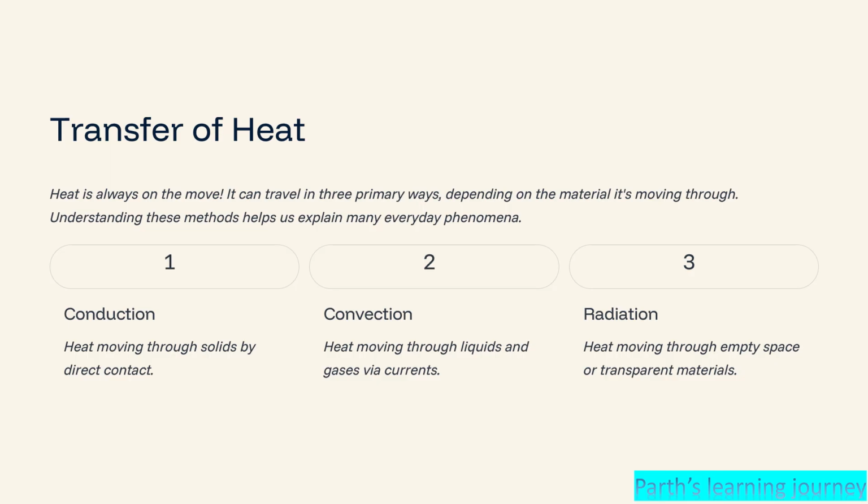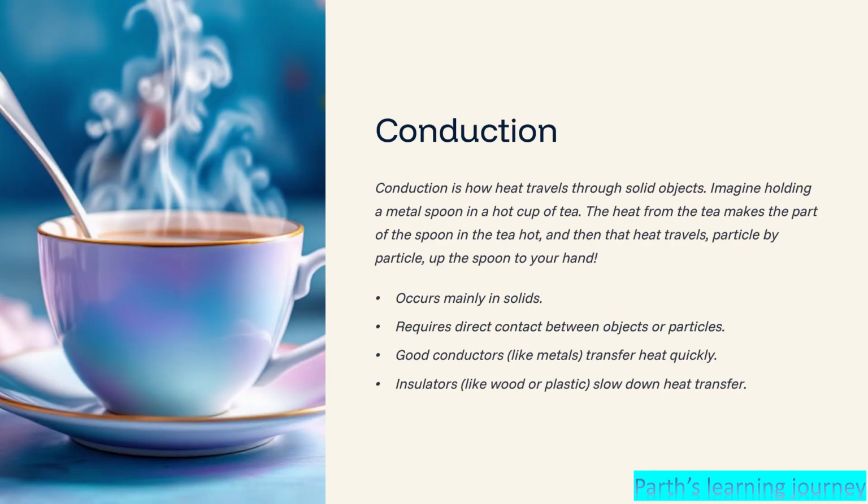Heat flows between them till both bodies acquire the same temperature, called thermal equilibrium. There are three types of transfer of heat: conduction, convection, and radiation. Let's study these three modes of transfer of heat. So let's move on to the next slide.